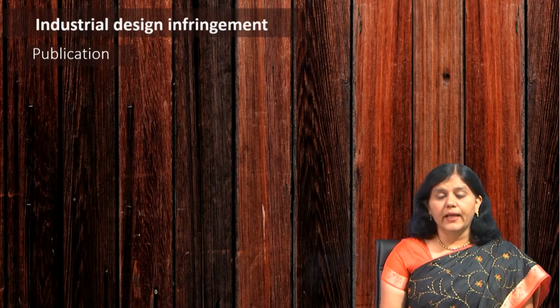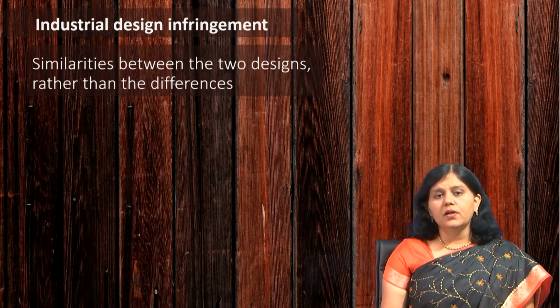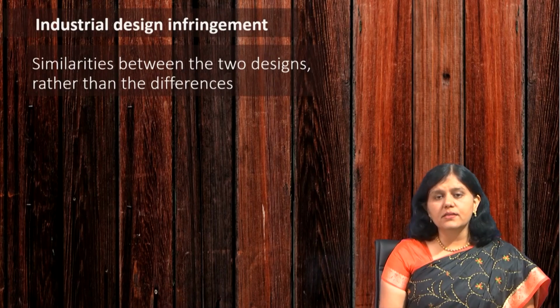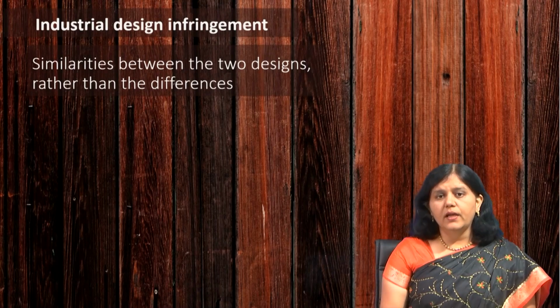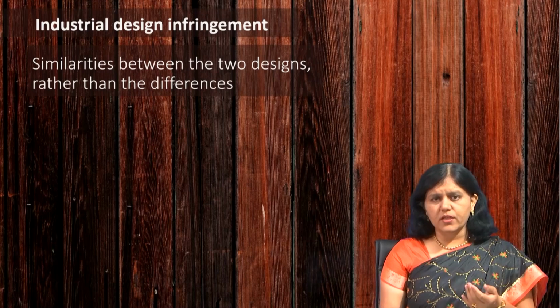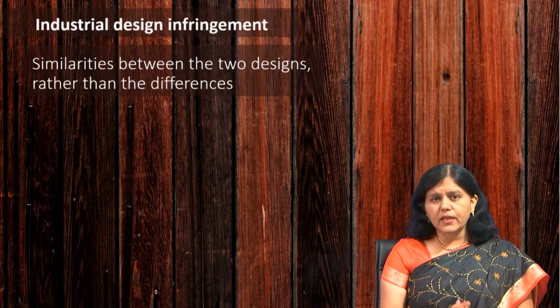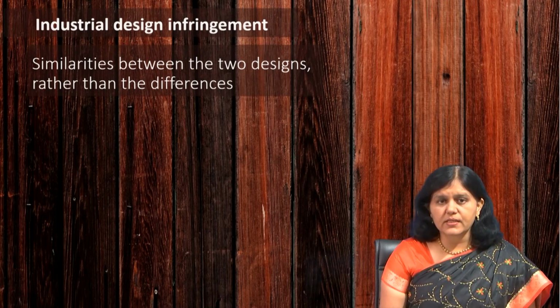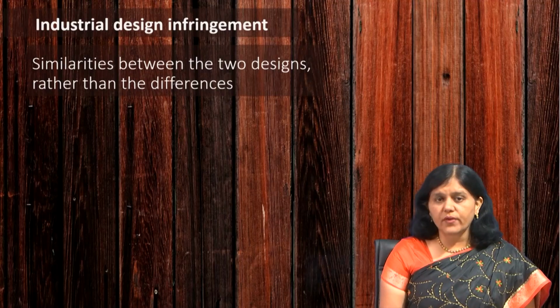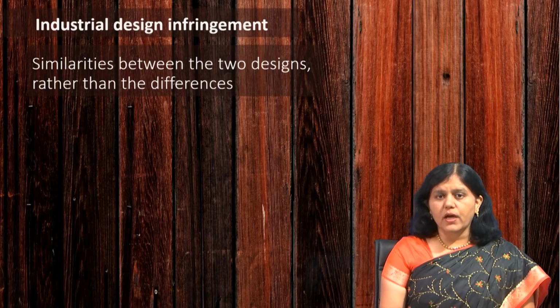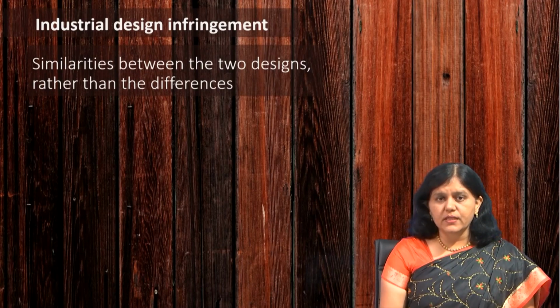Now, the next is the infringement part. Here, when we are talking about industrial design infringement, it differs according to jurisdiction, but generally, infringement is the unauthorized use of an industrial design.